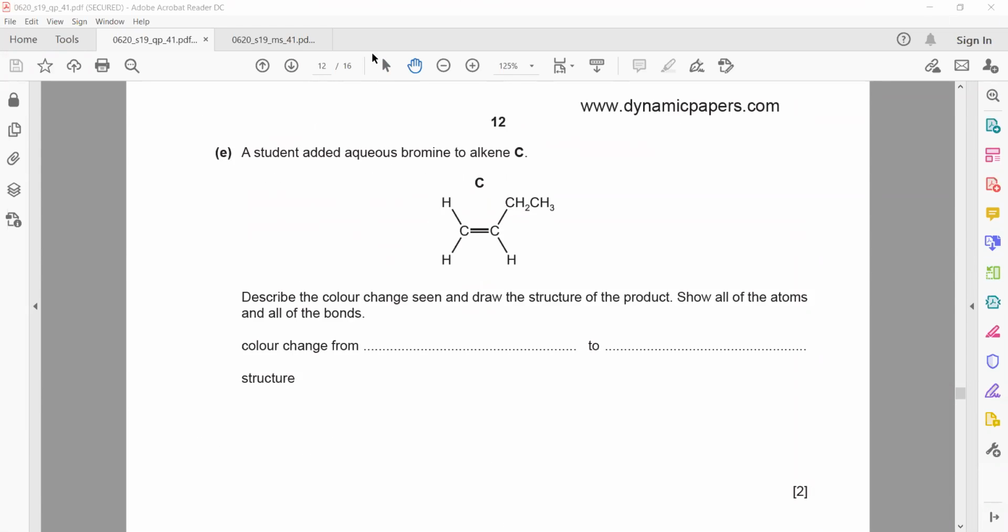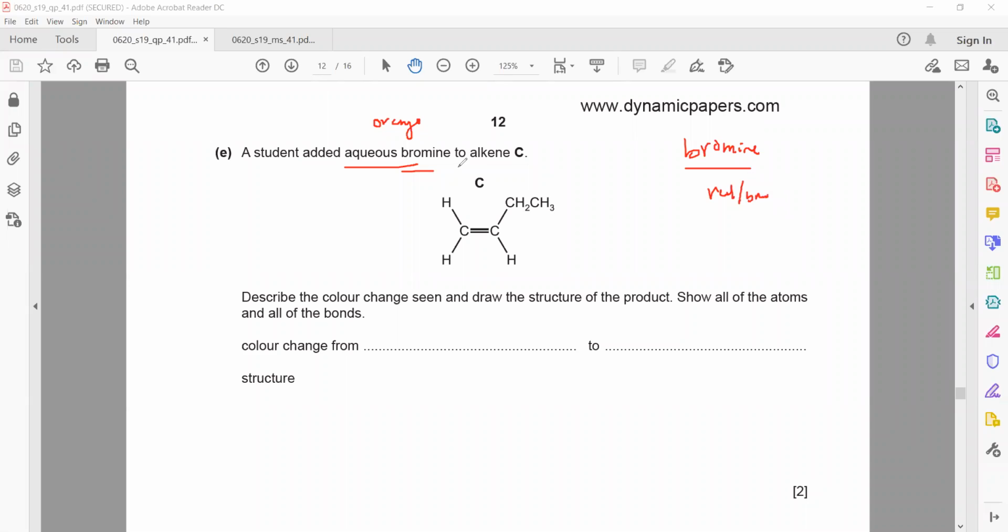A student added aqueous bromine. Look, there is a difference between aqueous bromine and simple bromine. Aqueous bromine means bromine water, which is orange in color. Normal bromine, a bromine liquid, is red brown.